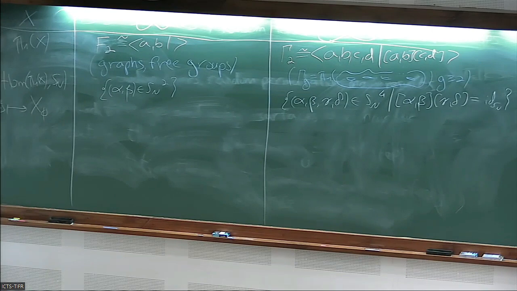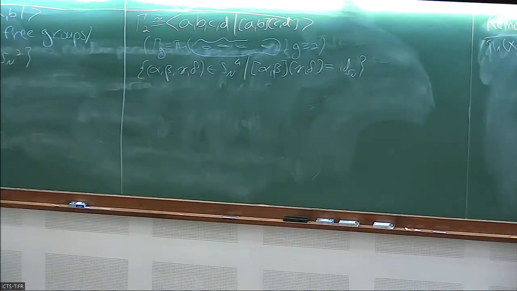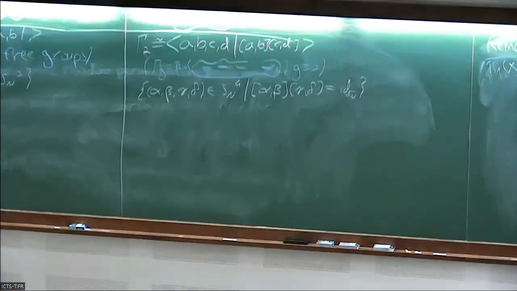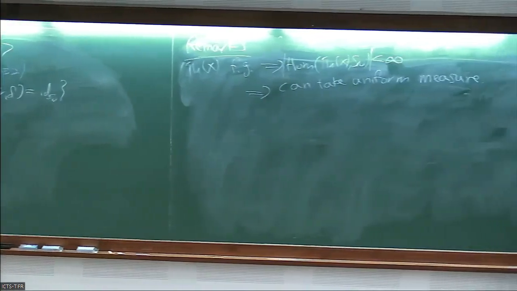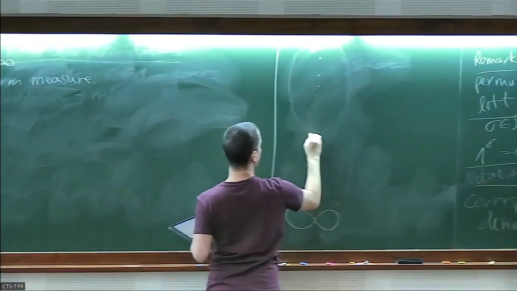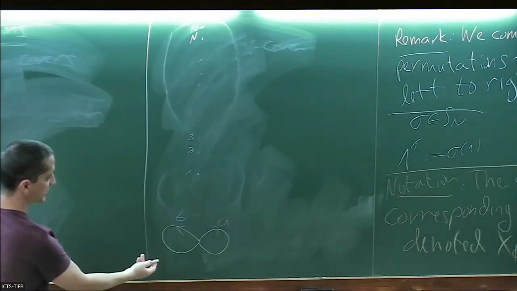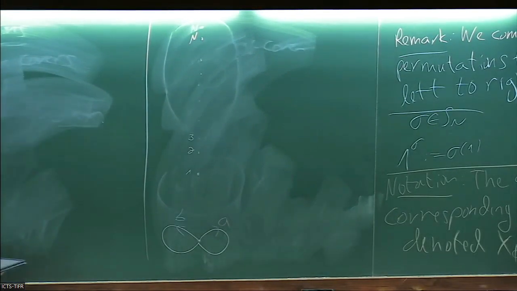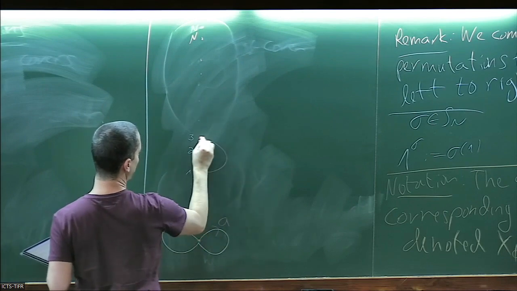Okay, let's start with the graphs. With the graphs, it's pretty easy. This is my graph with labels A and B. To get a cover from a homomorphism, I just draw endpoints and label them 1 to n. Then I have a permutation corresponding to A, and I'm just going to draw the arrows of this permutation.